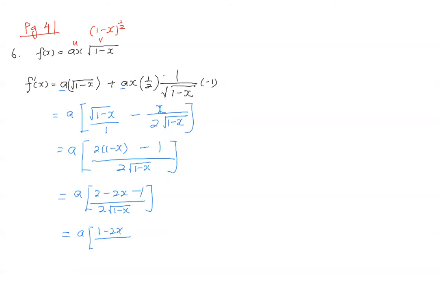Yes, you are right, I'm wrong. Thank you. So I will have, instead, 2. So it becomes 2 minus 3x over 2 root 1 minus x, correct?